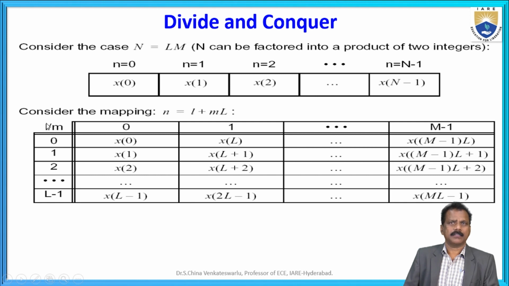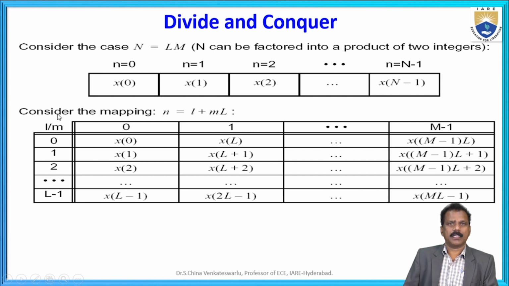For l equal to 0, m runs through 0, 1, 2, 3 and so on up to M minus 1, giving x of 0, x of L, and so on, x of (M minus 1) times L. For l equal to 1, we get x of 1, x of L plus 1, up to x of (M minus 1) times L plus 1.